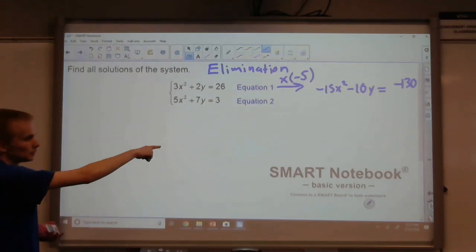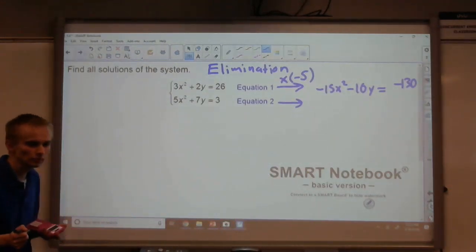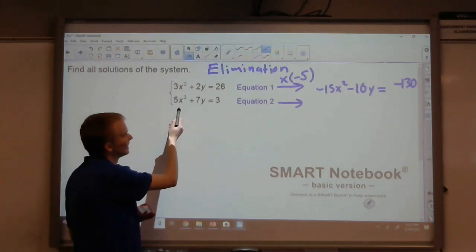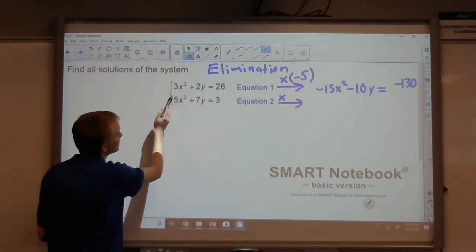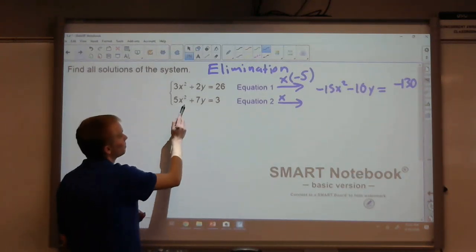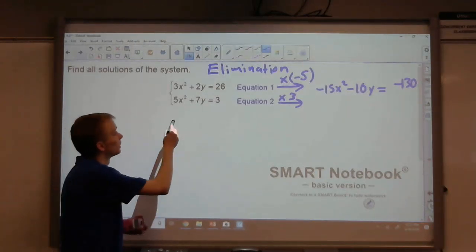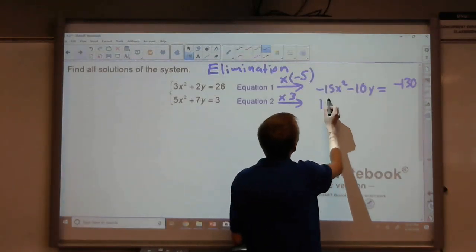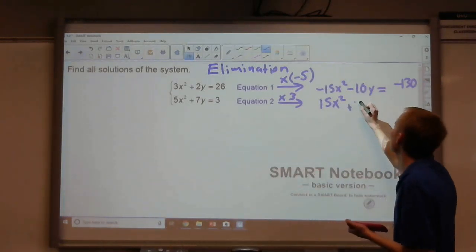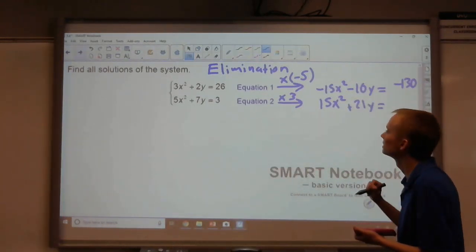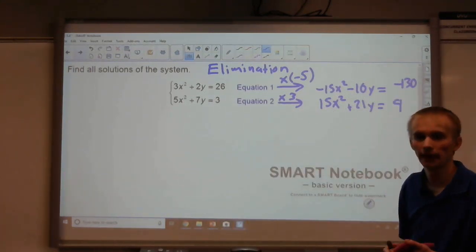So I just times by -5. This one, I'm going to get it to cancel out, so on this bottom one, I just need to times it by 3 to make it match up, right? So I'm going to times it by 3. I get 15x squared plus 21y. This is equal to 9. Okay?